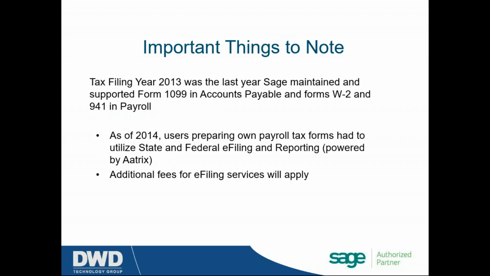Okay, here are some important things to note. Many of you probably know this if you've been using the payroll module or the accounts payable module for a while. Tax filing 2013 was the last year that Sage maintained the accounts payable forms. As of 2014, all that's been done through a service called Atrix.